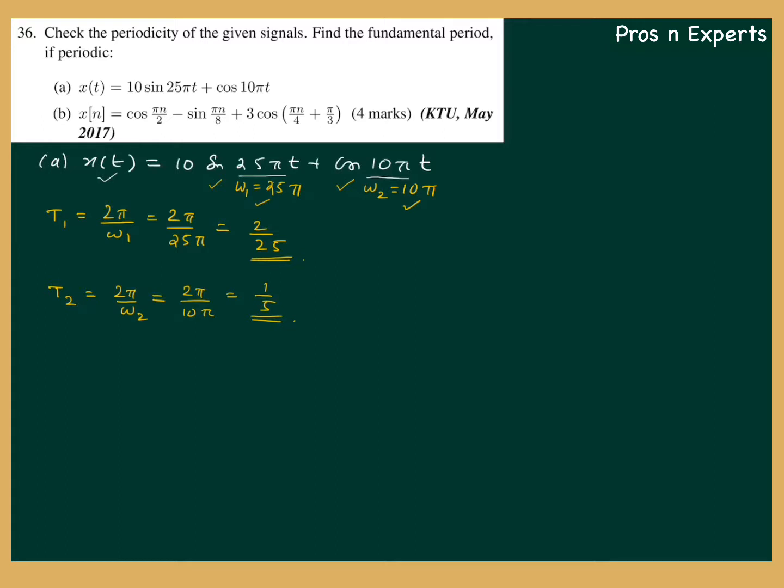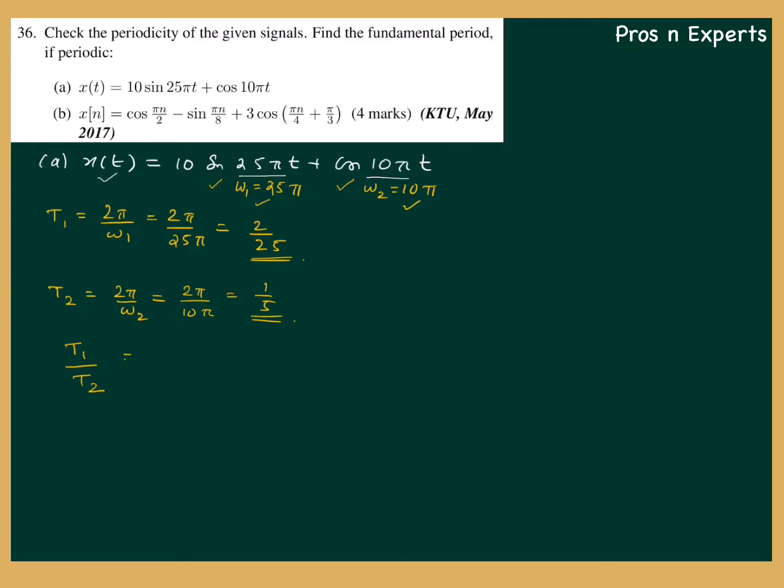To check if the whole of x of t is periodic, we have to find the ratio T1 by T2, and if this ratio ends up as a rational number, then we are sure that x of t is periodic, otherwise not.